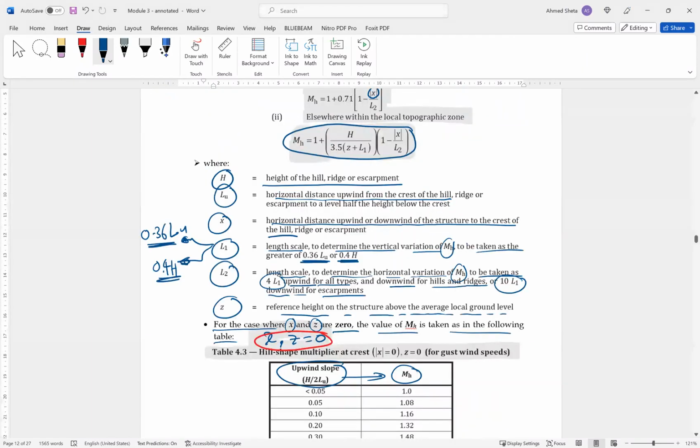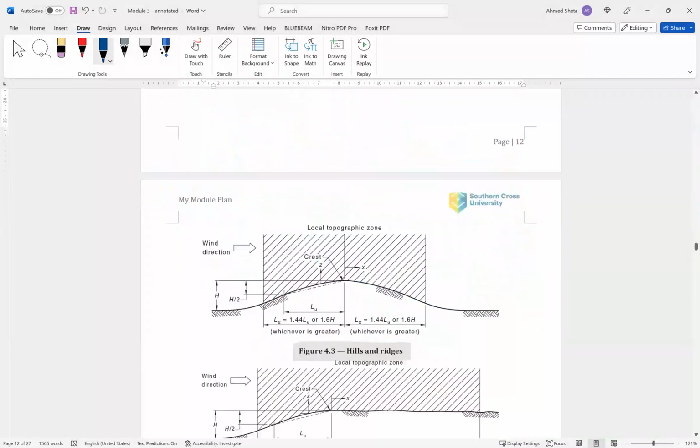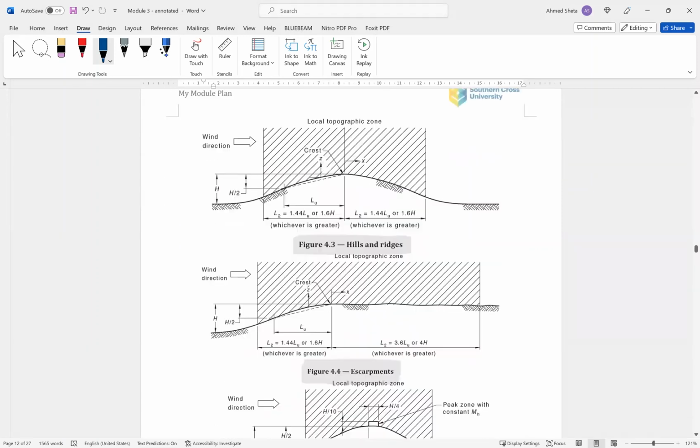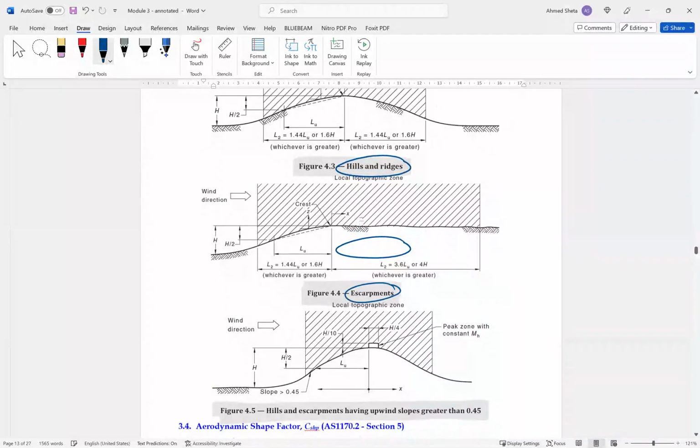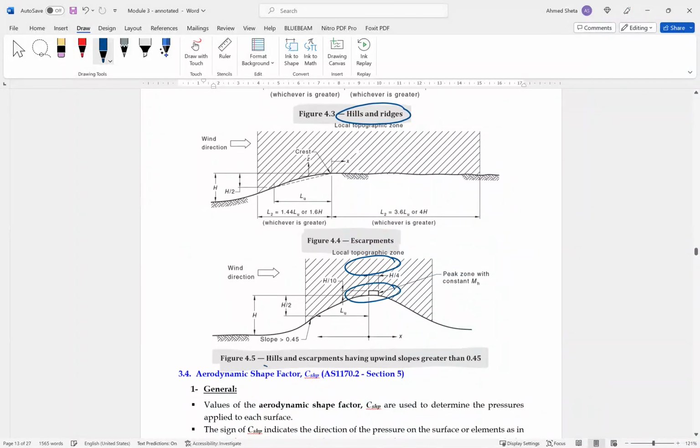So this is the Hill multiplier parameter, and here are the local topographic zones for hill and ridge escarpments, and hill and escarpments having upwind slopes greater than 0.45.